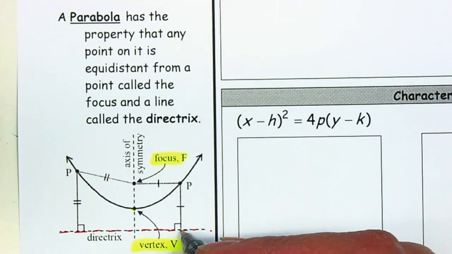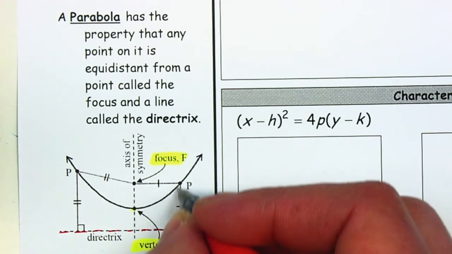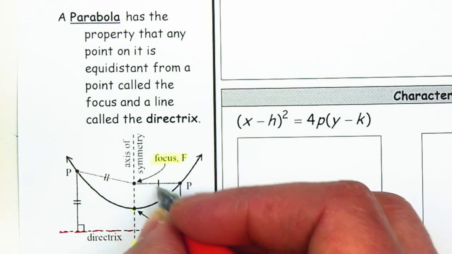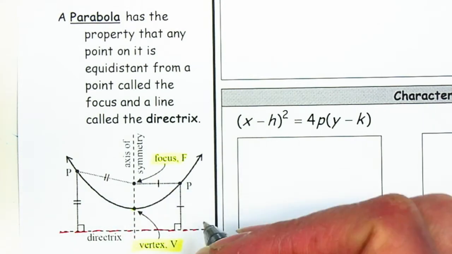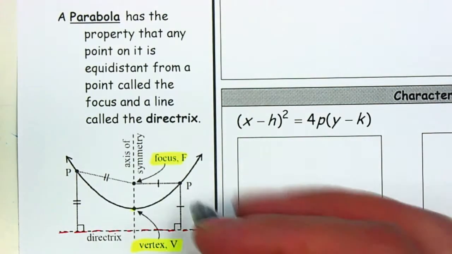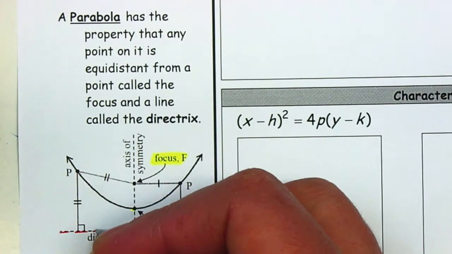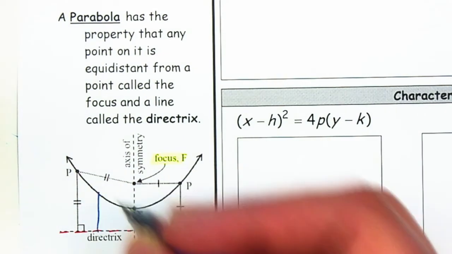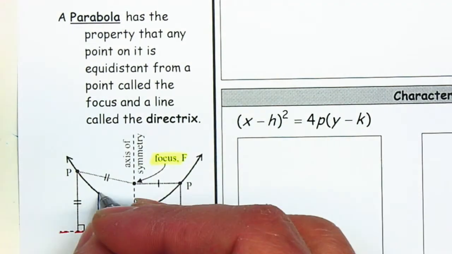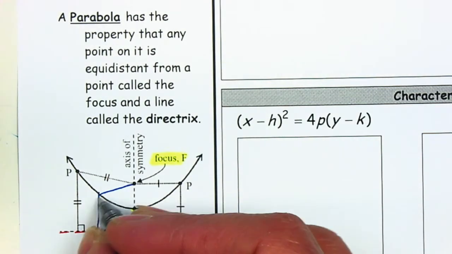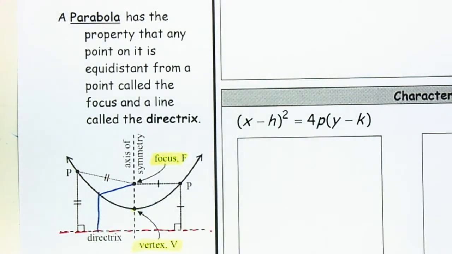If we start from any point on the directrix, up to the parabola and back to the focus, those two segments will always be the same. So if you start from anywhere on the directrix, you can go up to the parabola and over to the focus. Those two segments will be congruent, will measure the same distance.